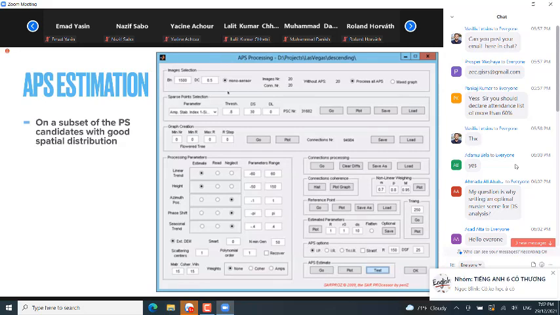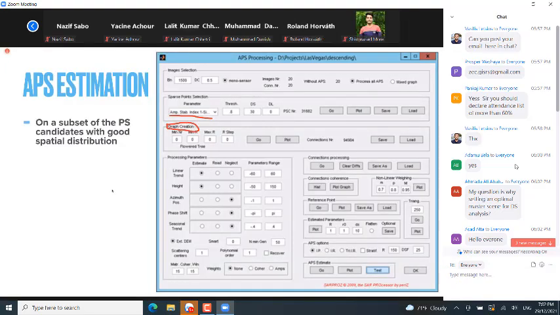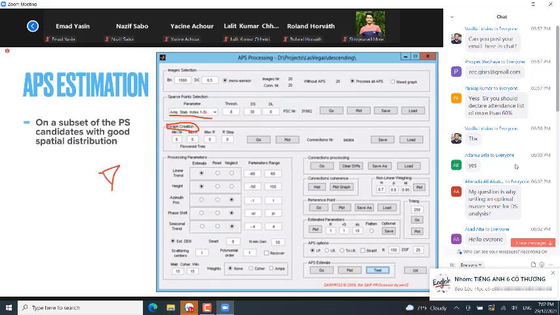And then we are selecting these points, in this case here, using the amplitude stability index, which is basically the inverse of the dispersion index. Then we create a graph. If these are our PSC, we create a graph by connecting them from one point, forming connections between them.